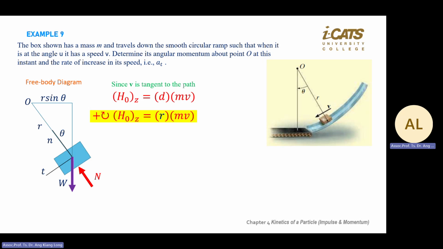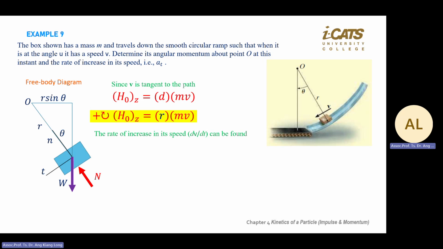Why? Because you're following the motion of the object again. Your V is going this way, so you are having it like this, pointing inside, because you're swinging in the clockwise direction. That's why your thumb is pointing into the screen.